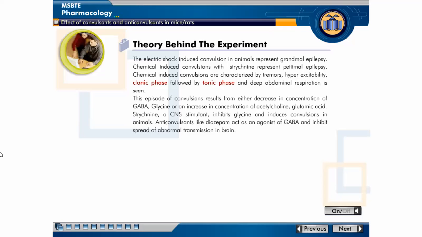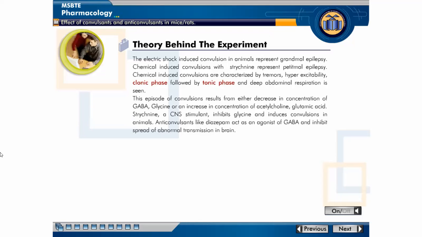Then the anticonvulsant agent like diazepam acts as an agonist of GABA, and inhibits the spread of this abnormal transmission in the brain. When it stops the spread of abnormal transmission in the brain, it helps to recover from this convulsion disorder.